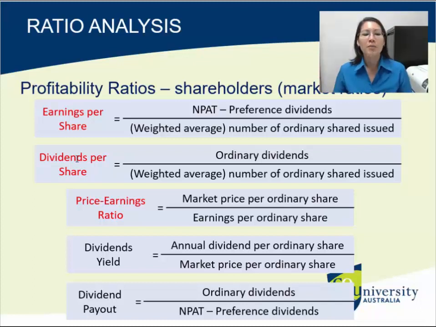So companies, it's very common to have a larger figure for earnings per share and a very small figure for dividends per share. Now, Wesfarmers actually pays out a significant amount of dividends, and you'll find that larger established companies do that. Startup companies or smaller companies, or companies that haven't been operating for that long and don't have quite a strong asset base yet, they generally won't pay any or very large dividends.